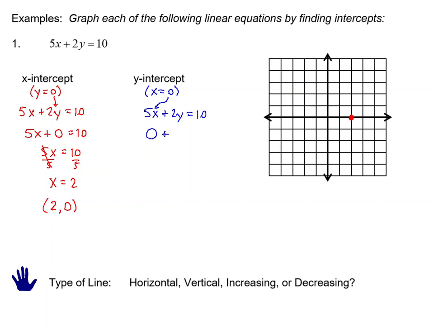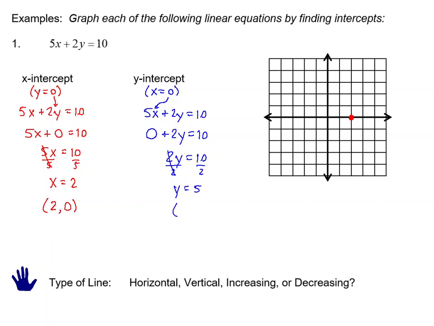And I would have plus 2y is equal to 10, or simply 2y equals 10. Dividing by this coefficient, we can find our y-intercept: y equals 5.